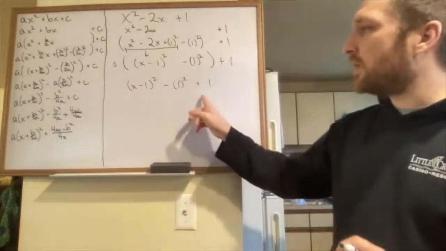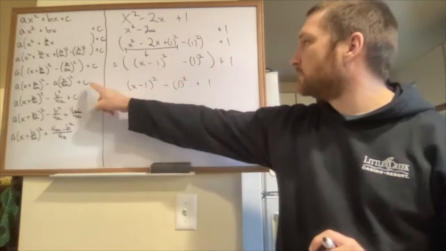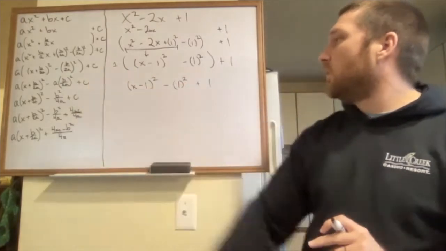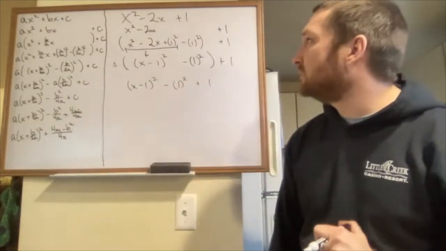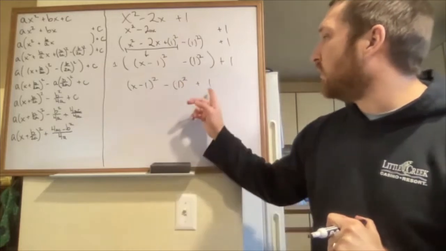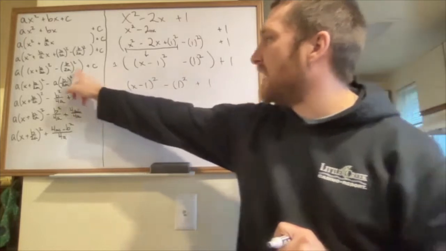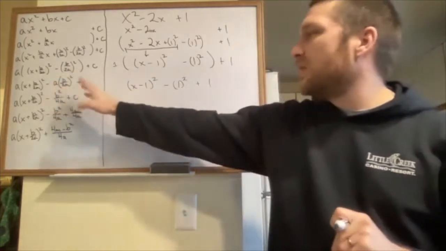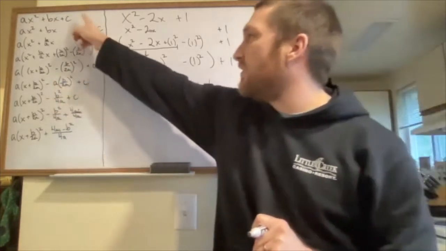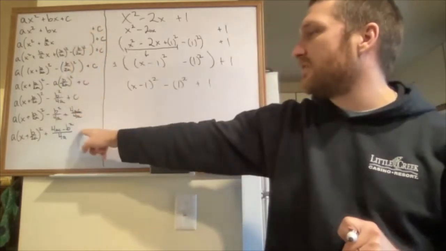And at this part, we don't need to worry about that because, again, this stuff, it's not like we're starting with this and then plugging a bunch of stuff into here.